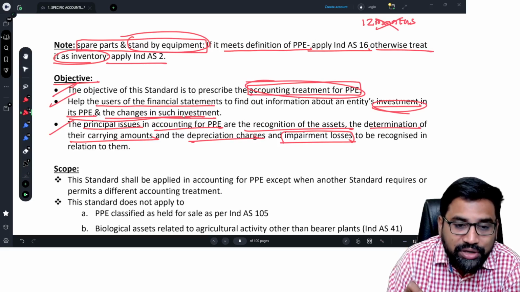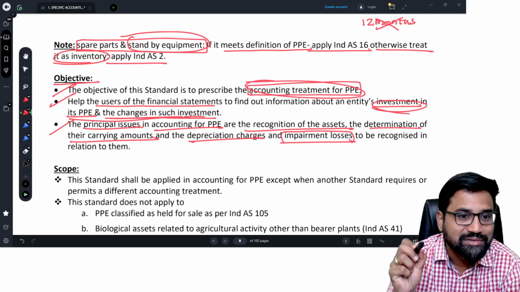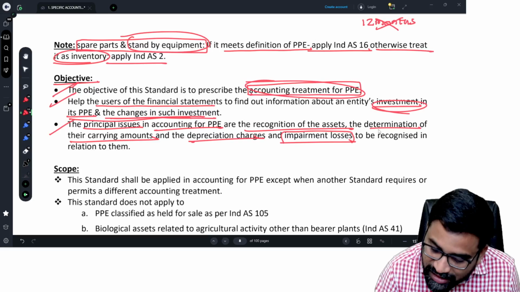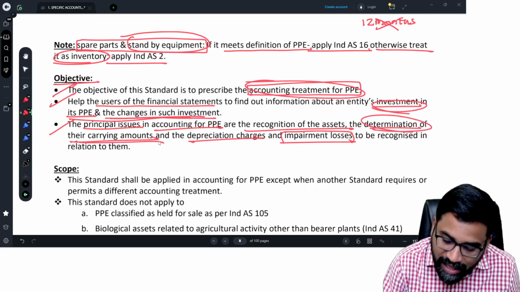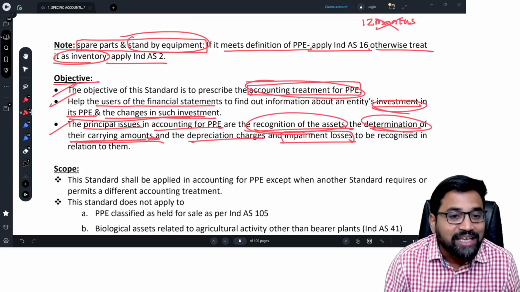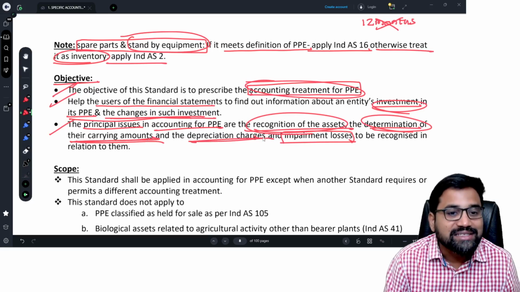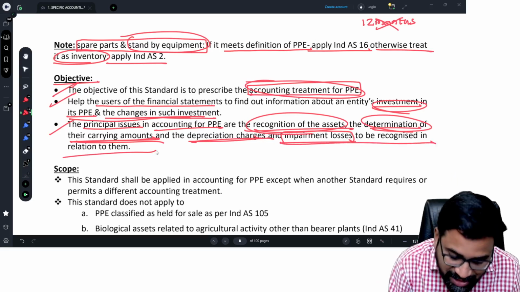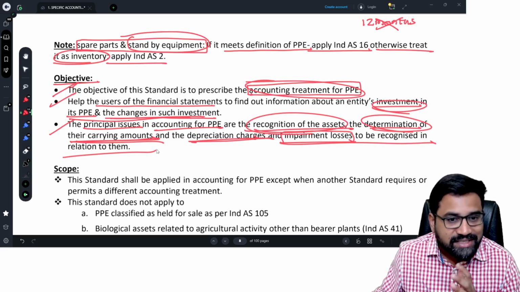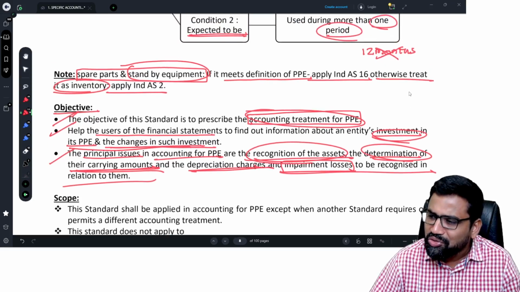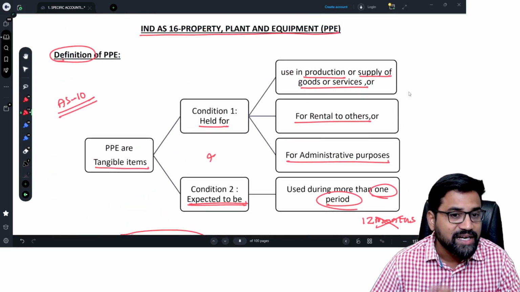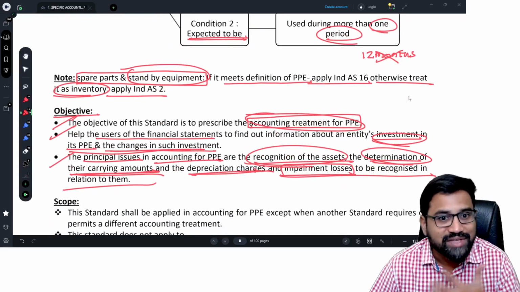And most important, the principal issues relating to the recognition of assets, determination of the carrying amounts, depreciation charges, and impairment losses to be recognized. All these things are addressed by IND AS 16. This is only the objective, you are not required to remember it, but to get the completeness of the standard, first you need to understand what the objective of this standard is.